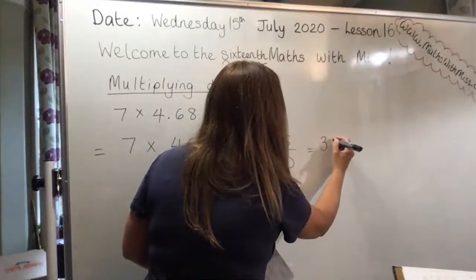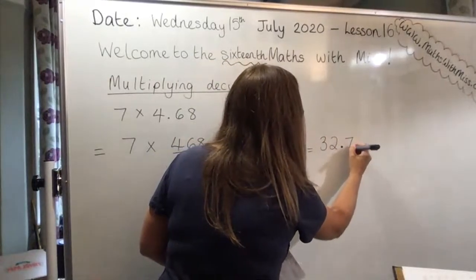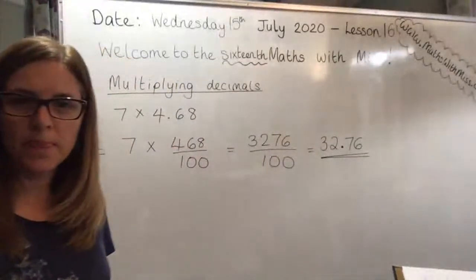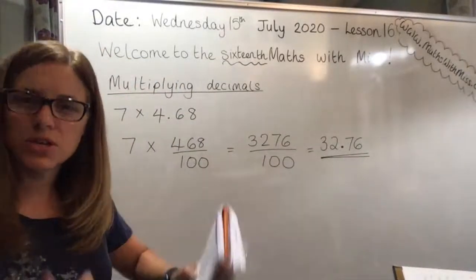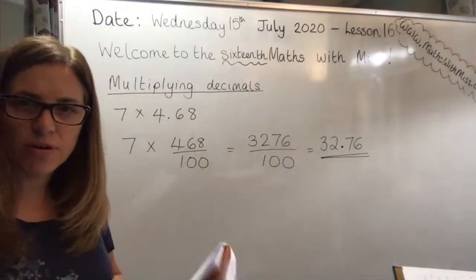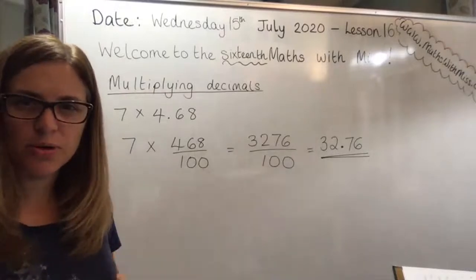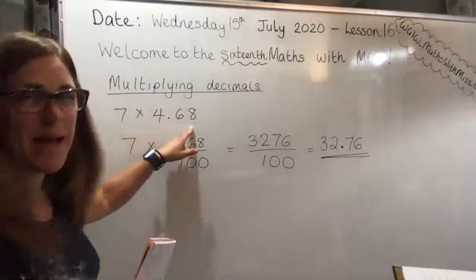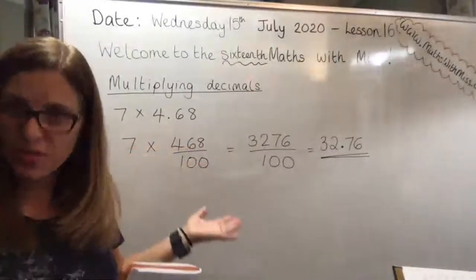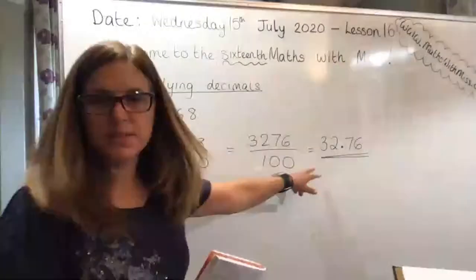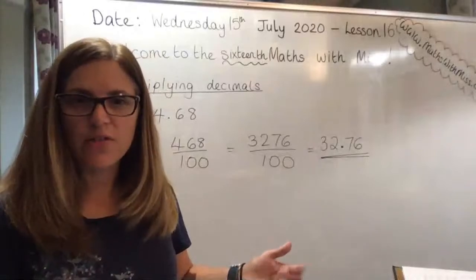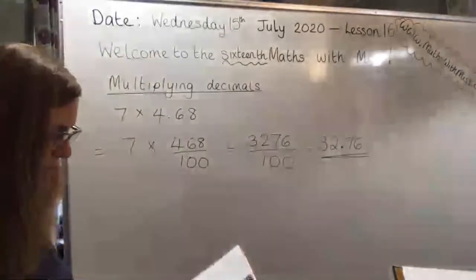So now we've got 32.76. The other thing that we mentioned is that you can use estimating and approximating to check that your decimal point is in the right place. So 7 multiplied by about 5 would be 35. 32.76 is about 35. So we're pretty sure we've got it right.